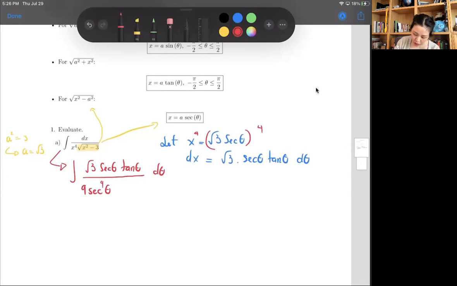And then for the square root of x squared, all you have to do is square the x. X squared is not 9, it's 3 secant squared theta minus 3.